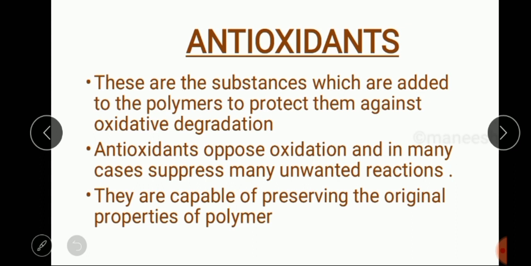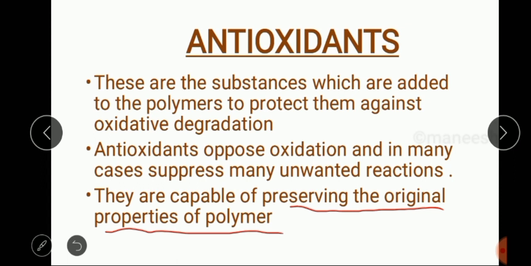Antioxidants oppose oxidation and in many cases suppress many unwanted reactions promoted either by oxygen or peroxides. Even in small amounts, antioxidants are capable of effectively preserving the original properties of the polymer.